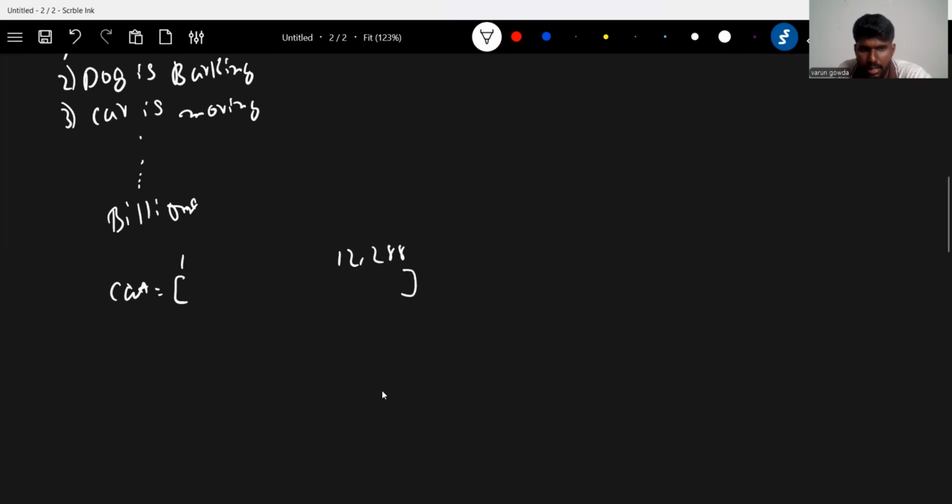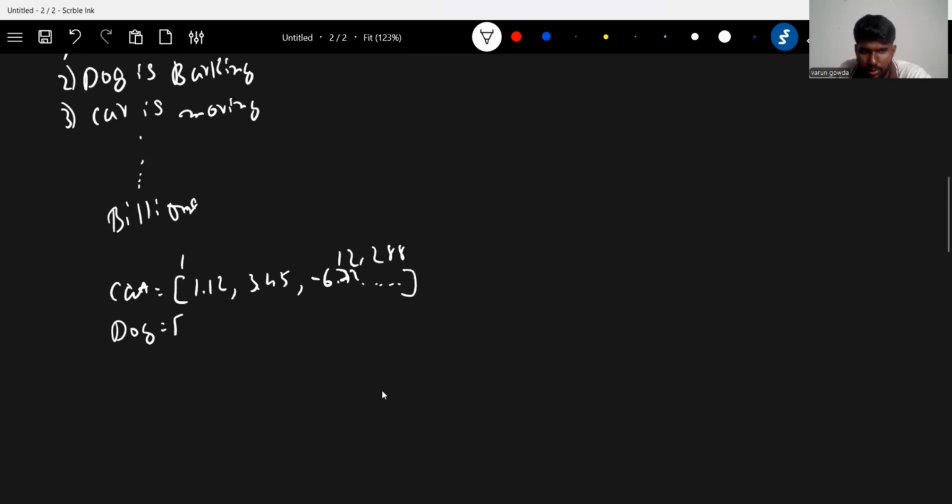Initially, these are initialized randomly. These random values can be like 1.12, 3.45, minus 6.72, till 12,288 numbers.